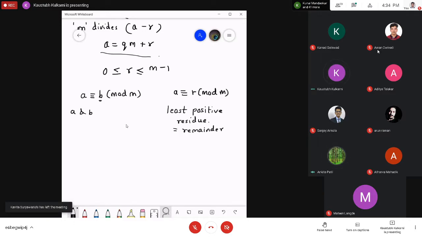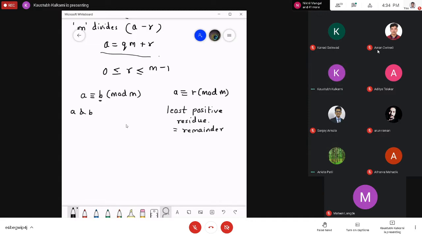If this condition is not satisfied, then what is it called? No, see. A and B are just any two numbers that we have.